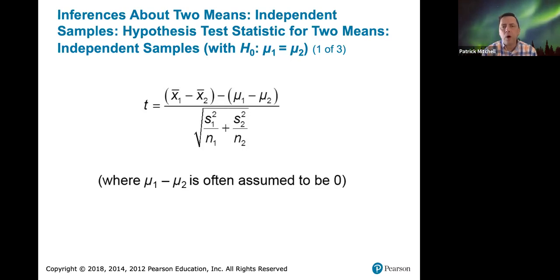Often, mu sub 1 minus mu sub 2 is assumed to be 0. So I'd say in most of our hypothesis tests, the null hypothesis will be that the two populations have the same mean.